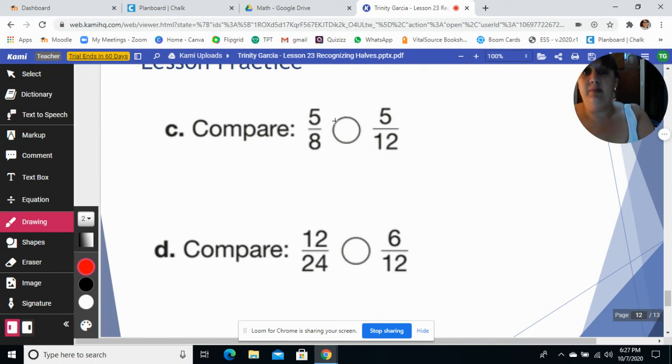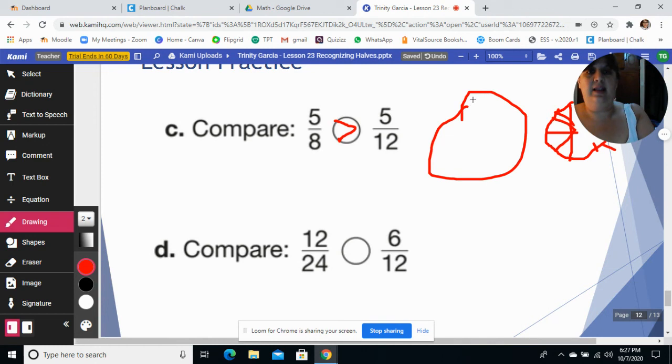8, right? Remember our pizza? When you have all those pieces, here's a messy pizza. Remember we had 12 pieces of pizza here? It's not going to let me draw very well because my picture's there. But remember, we had so many. Okay, but here we had a pizza with less parts, right?